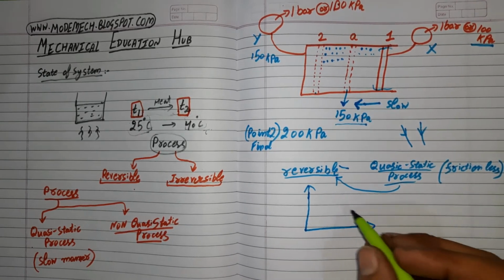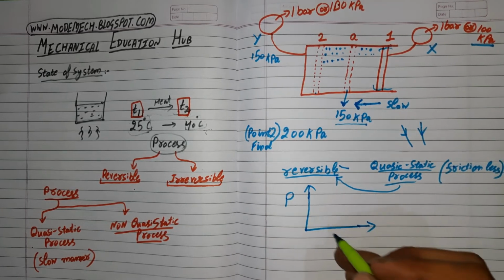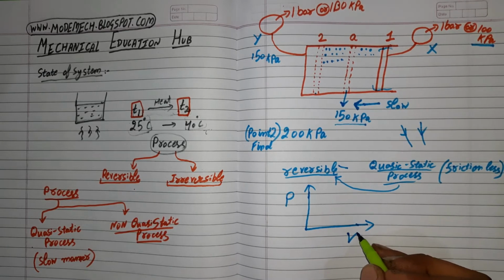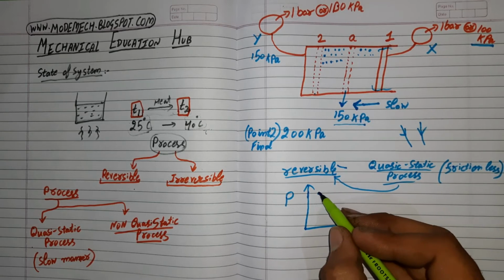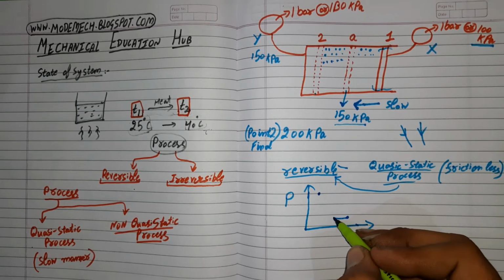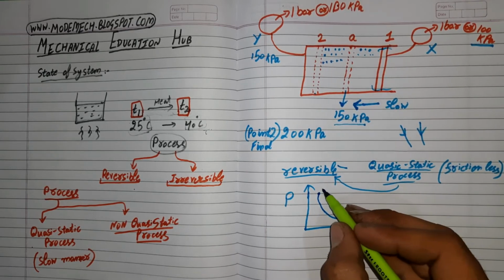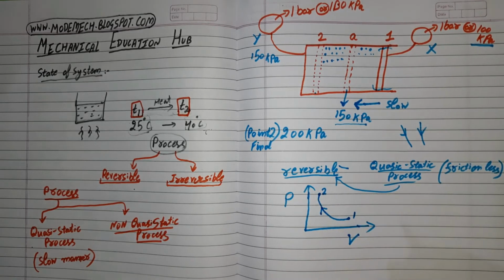Let's draw a graph to represent this process. We'll have pressure on the y-axis and volume on the x-axis. Process of compression, from its initial to final point, 1 to 2, here compression occurs in this manner.